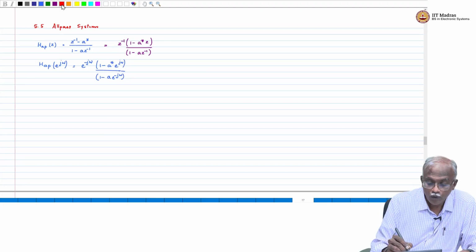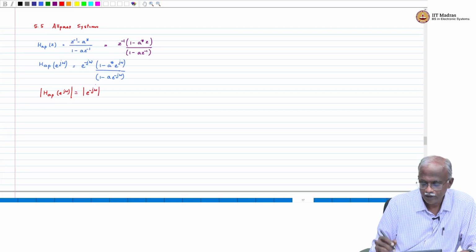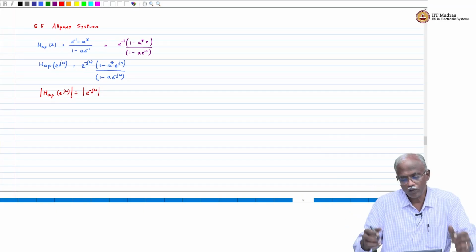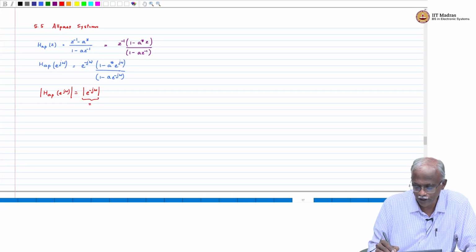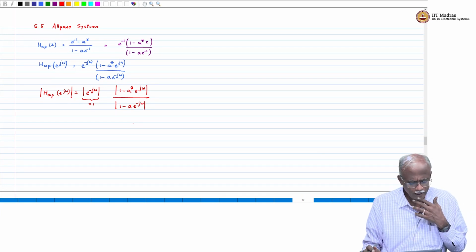Now look at this very interesting property. The magnitude of this transfer function on the unit circle, |H_AP(e^{jω})|, will be the magnitude of e^{-jω}, which when you take the magnitude will always be equal to 1. And then you have the magnitude of 1 minus a conjugate e^{jω}, divided by the magnitude of 1 minus a e^{-jω}.